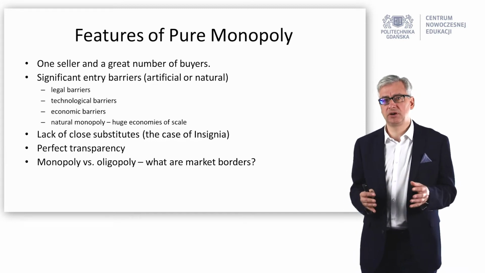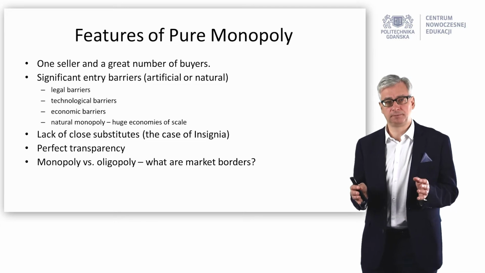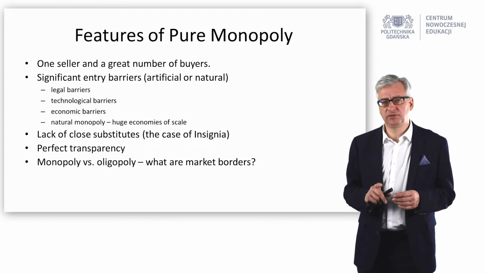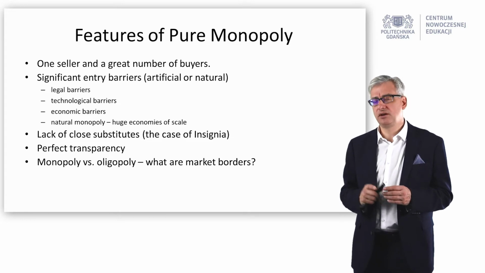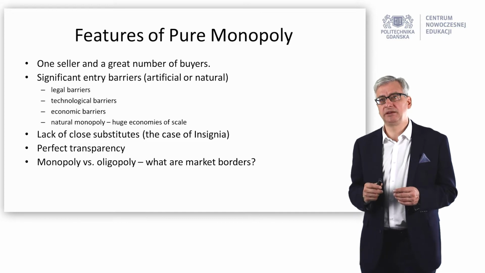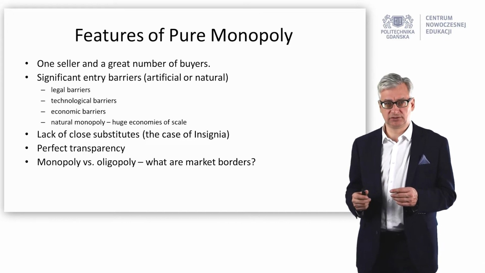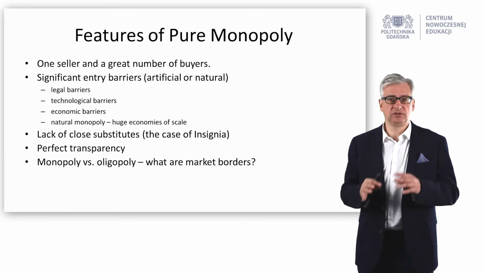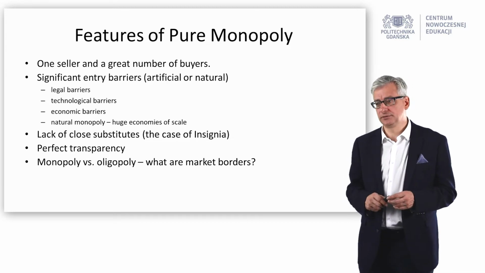One business in the market is just enough. But we are going to focus on artificial barriers today because they are much more important. They explain more cases of monopolistic situations than just natural barriers.